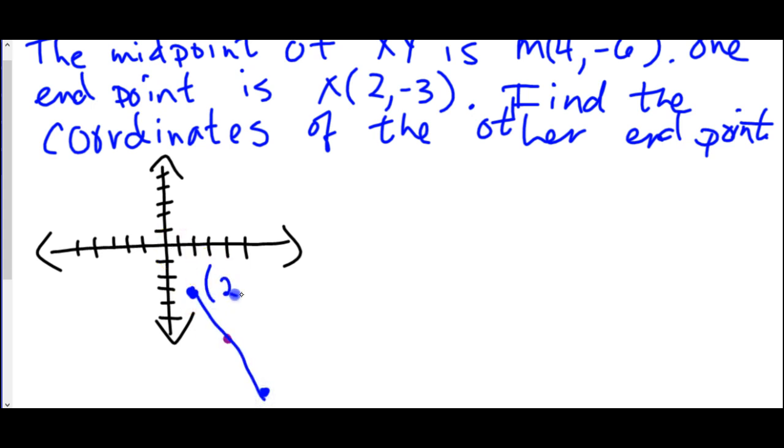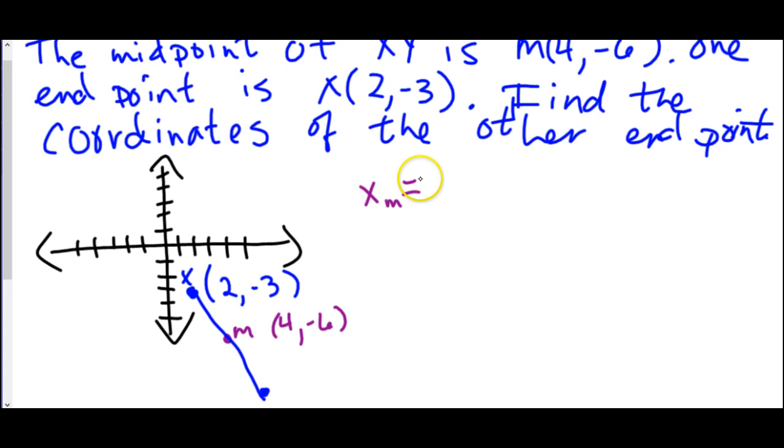So this coordinate was 2, negative 3. It is labeled as X. And this coordinate was the midpoint, and it was 4, negative 6. And we have to find this last coordinate. So this is where using the separate equations can be helpful.